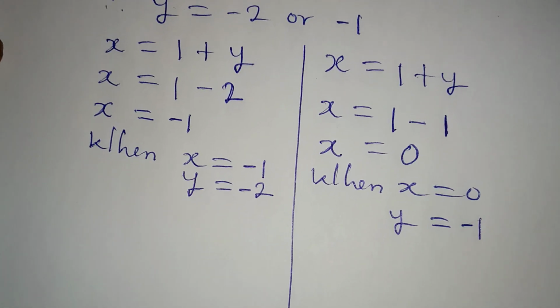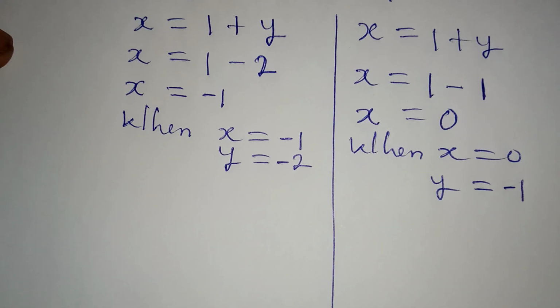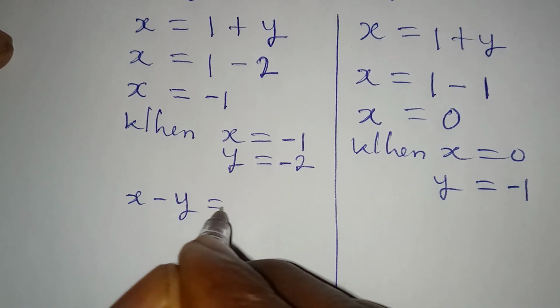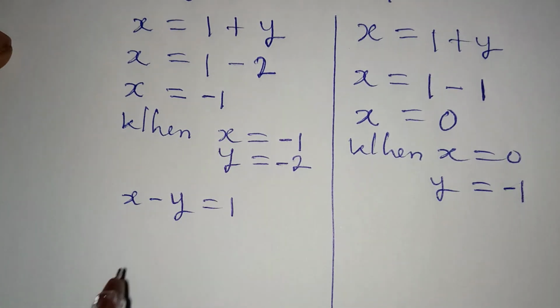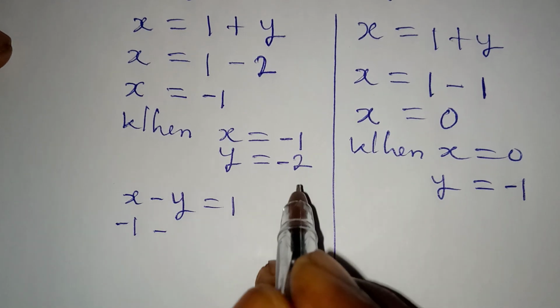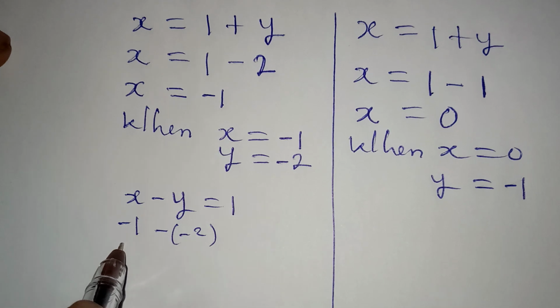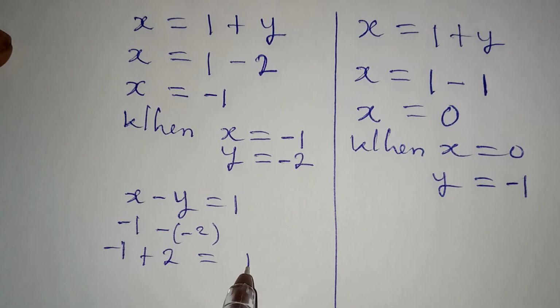And I want us to put this back into the equation and check whether it will be satisfying, right? The first equation is x minus y equals 1, right? So if I work with this value of x and y, our x is -1, then minus y is minus -2, so that we have -1 plus 2, and this will give us 1.